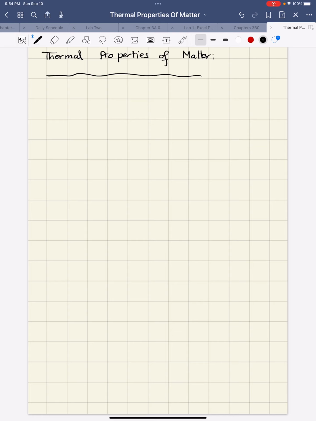One of them we call macroscopic, which is about a kind of bulk view, where we focus on large scale variables.